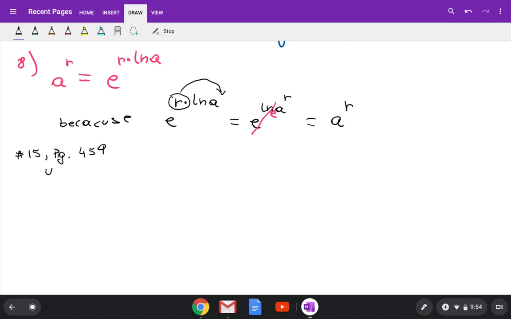In this problem, they want you to use properties of logs to find the exact value, and do not use a calculator.